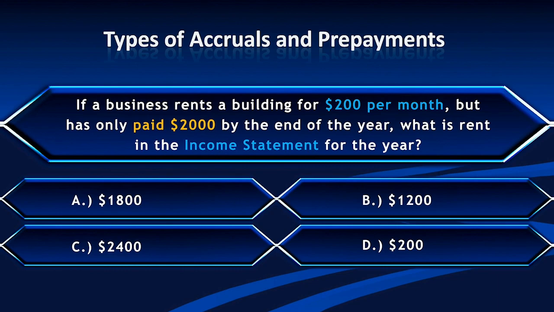So that's a lot of words and numbers. Well, there are two numbers there. What you have to look specifically at is what they are asking for. They're asking what is the amount for the income statement. And the emphasis, once again, is the amount incurred. So if the amount incurred per month is $200, then for the year it will be 200 multiplied by 12, which is $2,400.